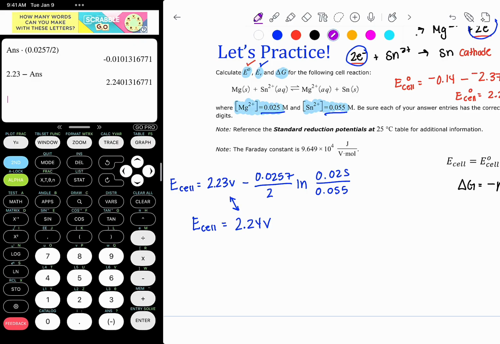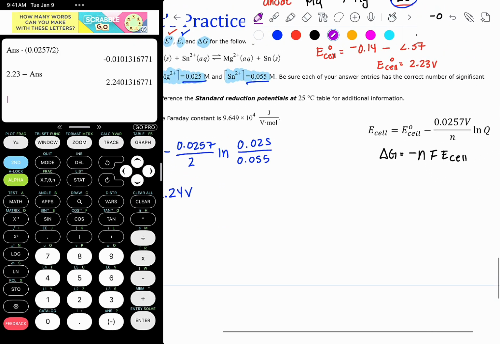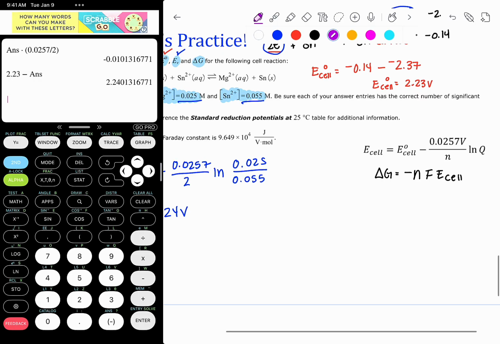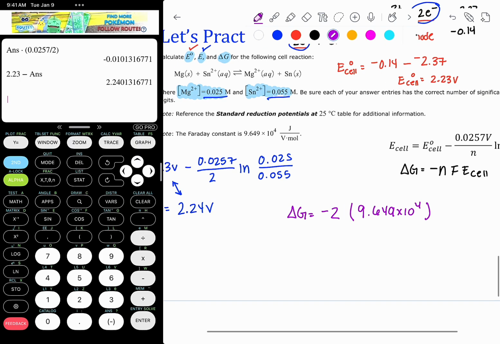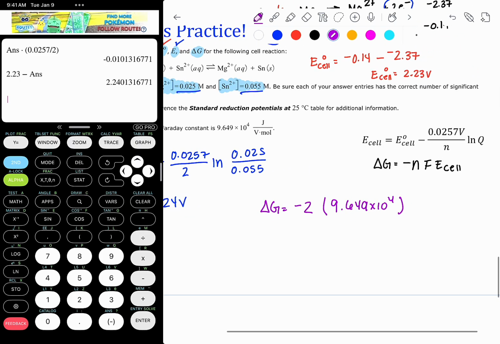And now we need to calculate delta G at our non-standard conditions. Well, luckily we have all of the variables that we need for that already solved for. So delta G is equal to negative 2, that's our moles of electrons, times our Faraday constant, 9.649 times 10 to the 4, and then our E cell at non-standard, which was 2.24.